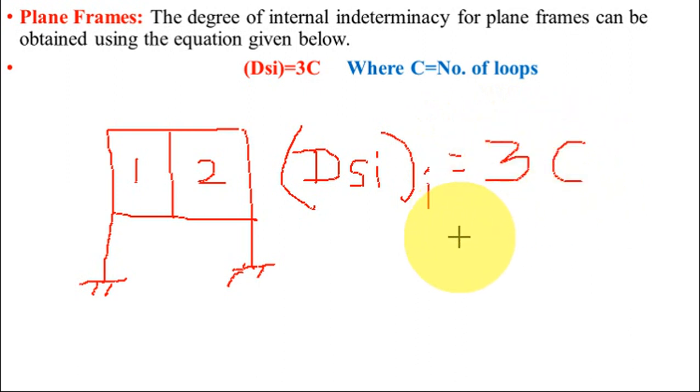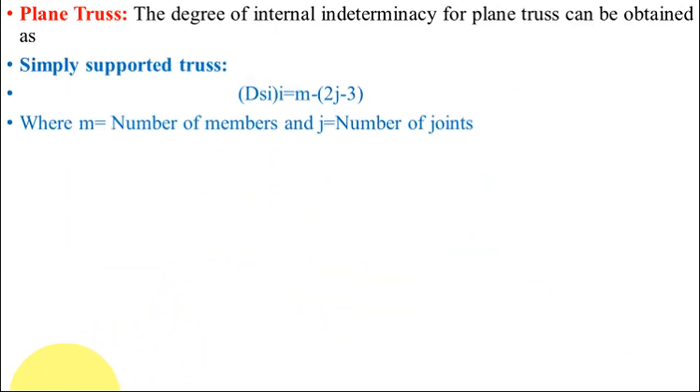Now there are two loops, and hence the degree of internal indeterminacy for this plane frame is equal to 6. So in this way we can calculate the degree of internal indeterminacy for plane frames by counting the number of loops in the configuration of that particular frame.